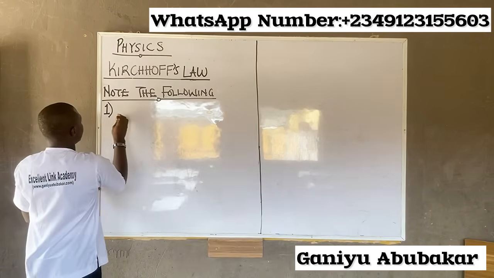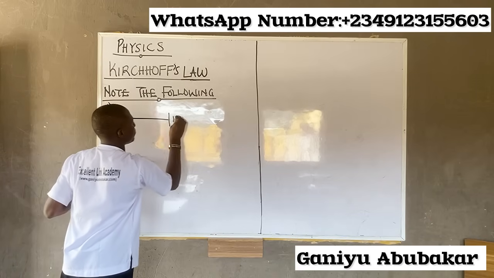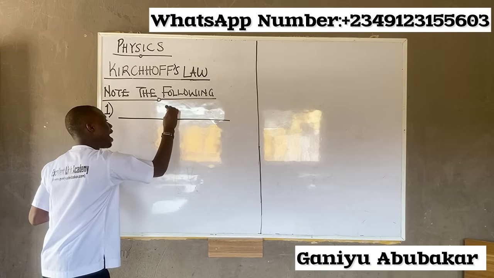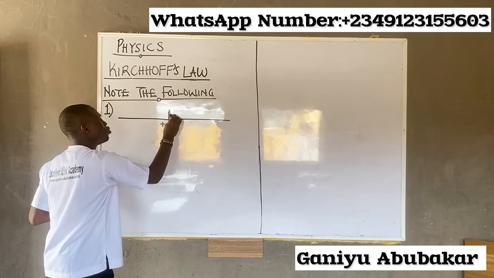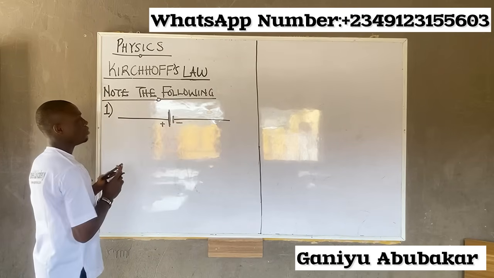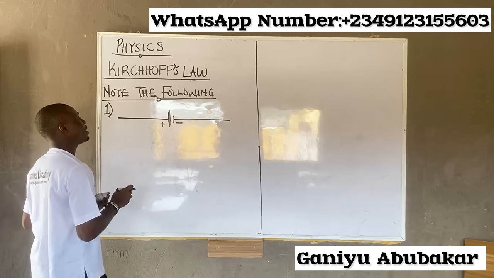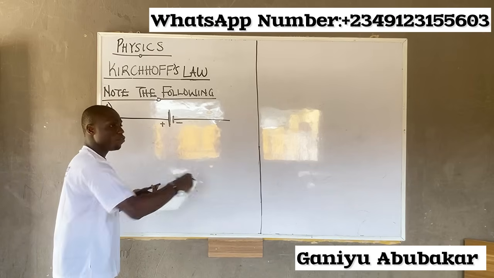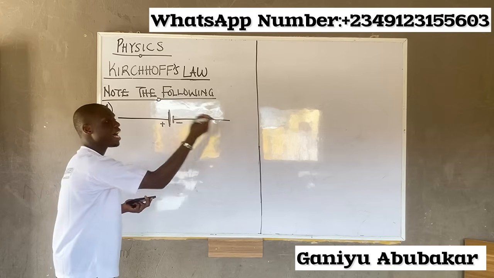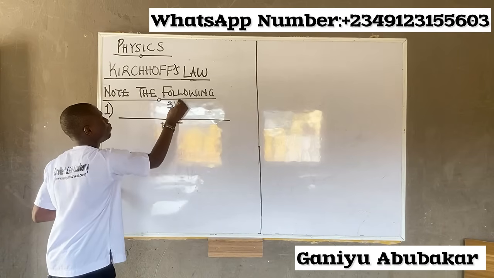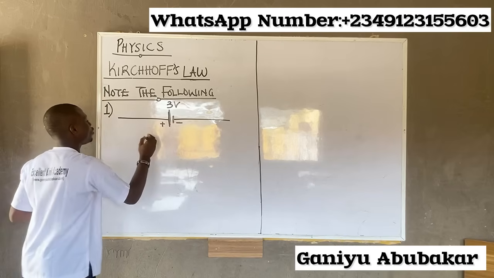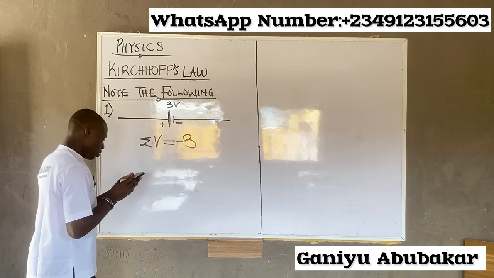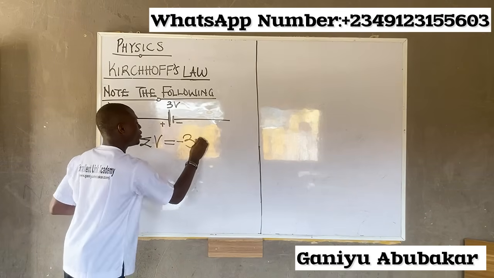Let's say I have this, of course, this is a cell or battery. So the current is moving from a high, which is positive, to a low potential. We say that when a current is moving from high to low, the voltage is negative. Let's assume I have 3 volts here. It means the summation of V will be negative 3 volts.